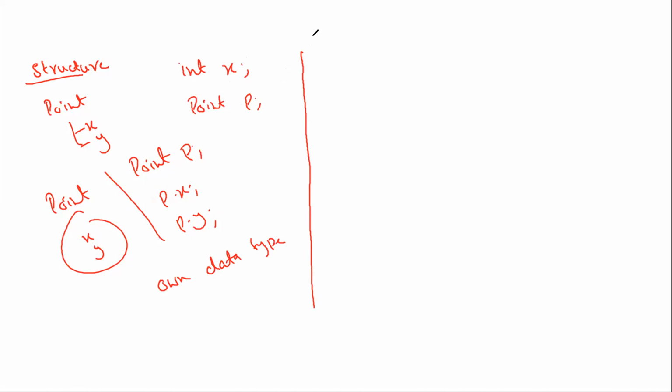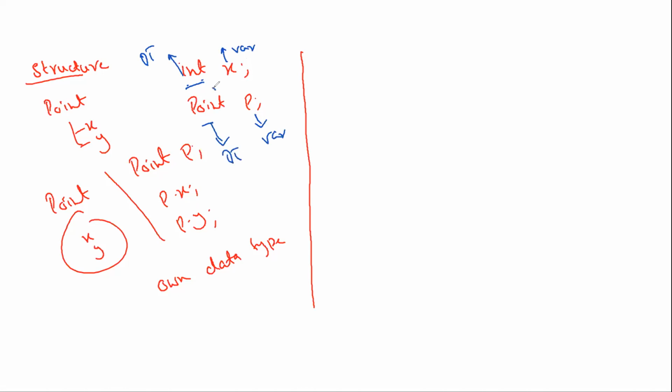Both of these are exactly the same thing. The only difference is that the top one is a built-in data type and this is a data type you have created. Otherwise we have the same syntax. This is variable and this is data type, and the same is here.